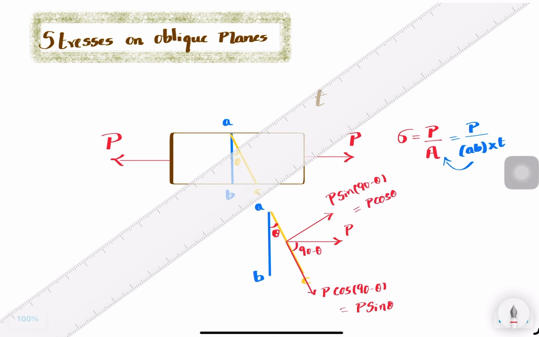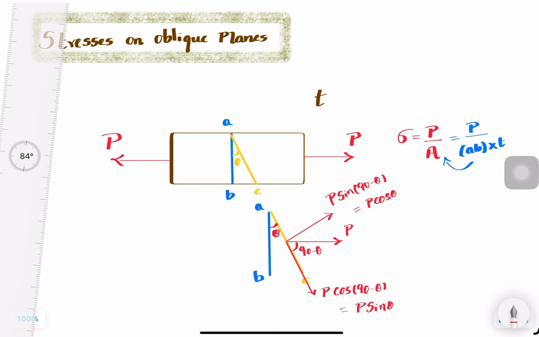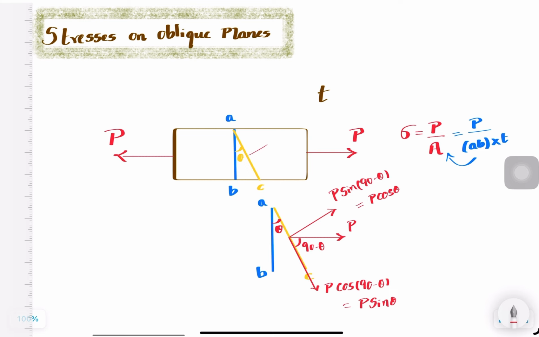I'm doing this very slowly. Now I have two forces. One is the force that is perpendicular to the yellow plane, which is P cos theta, and the force that is acting tangential to the yellow plane, which is P sin theta.